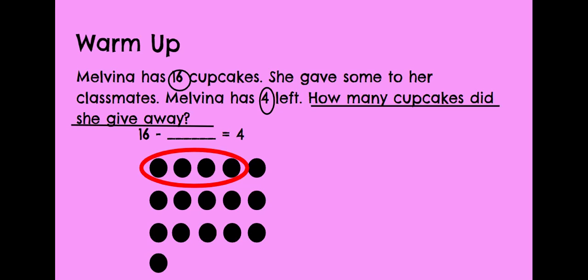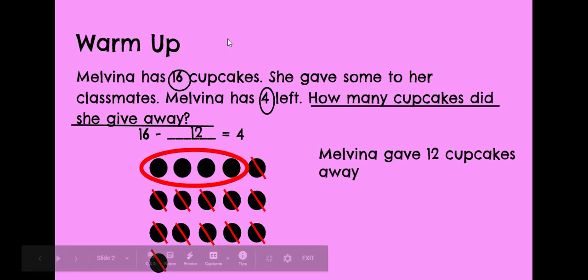Next, I'm going to count which ones are not in my circle, and that's going to give me the answer that's in the blank. 1, 2, 3, 4, 5, 6, 7, 8, 9, 10, 11, 12. So the answer is 12. Melvina gave 12 cupcakes.